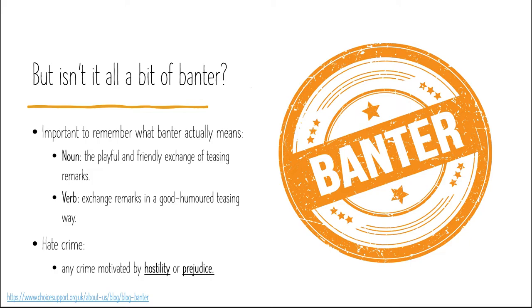And it's important to remember what banter actually means. Banter reflects a playful or friendly exchange, for example, teasing remarks and engaging in good-humoured teasing. Banter is not any type of behaviour that is motivated by such hostility. And the following video really highlights some different examples of hate crime that we may witness in the community.